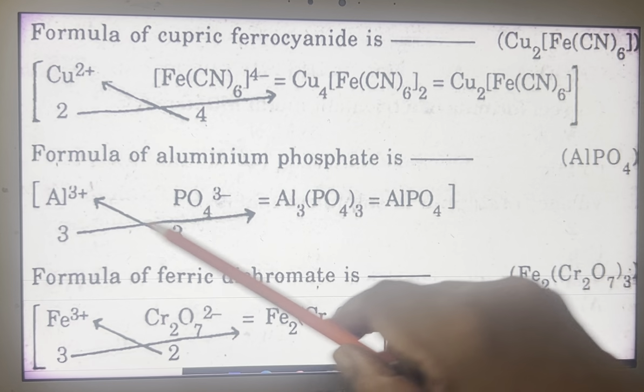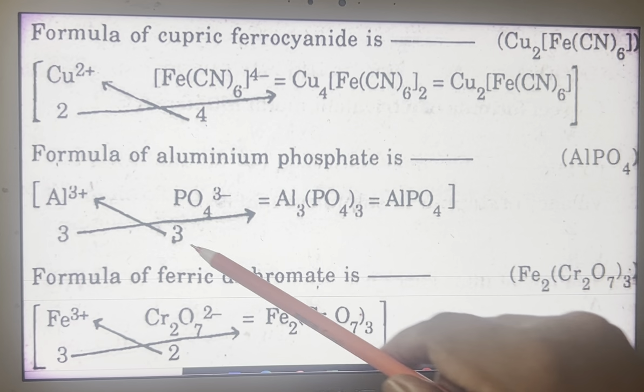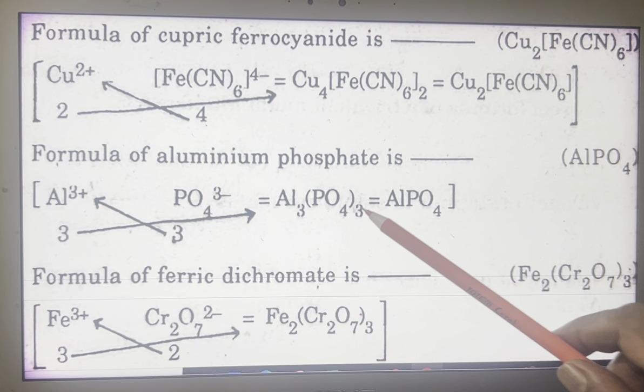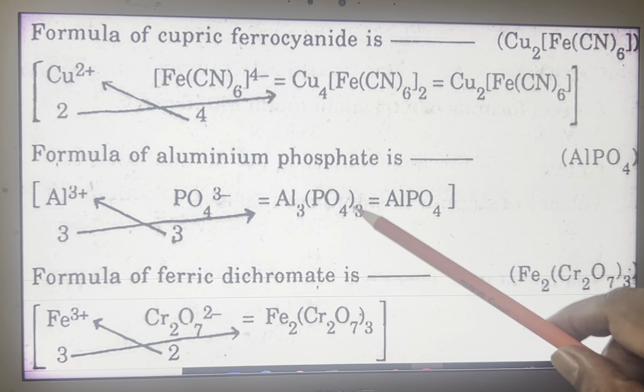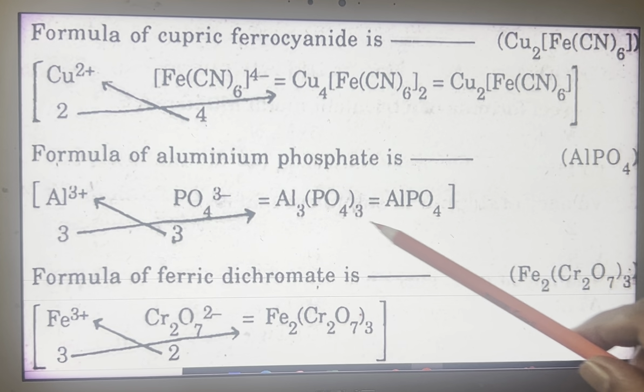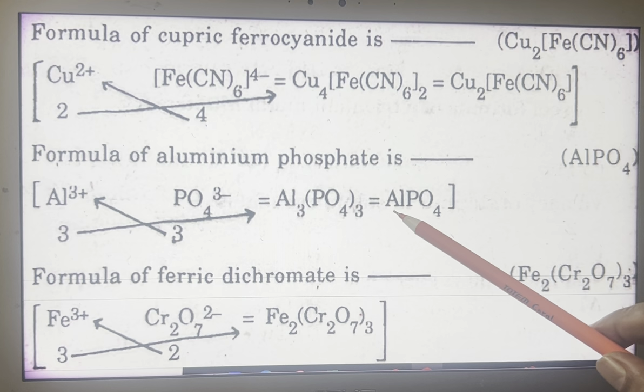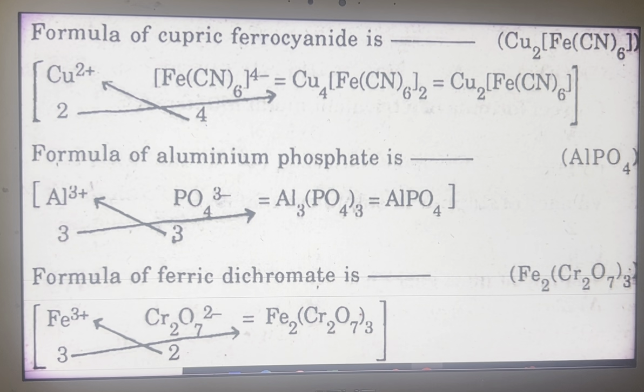Applying the crisscross method, Al3 and (PO4)3. Because these ions are 3:3, it can be simplified to 1:1. Al1 PO4 1, or AlPO4. Aluminium phosphate has the formula AlPO4.